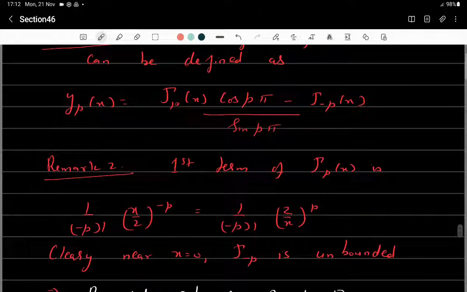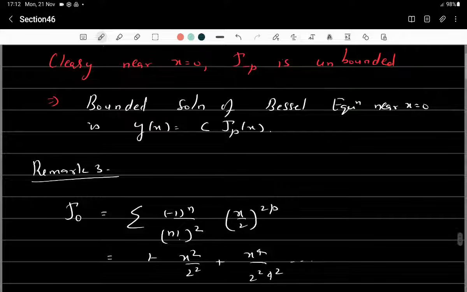And this is the first term. It means overall J_{-p} is unbounded near x equal to 0. It means the bounded solution of the Bessel equation about x equal to 0 is J_p(x). Very important remark. I will do an exercise based on this remark. So please do remember it.